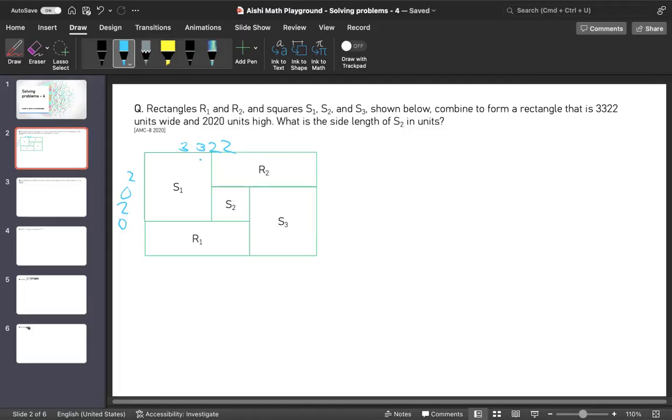Okay, so S1 plus S2 plus S3 is equal to 3322, and S1 plus S3 minus S2 is equal to 2020.